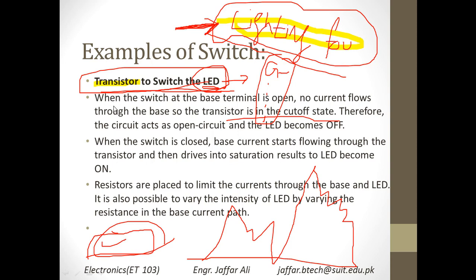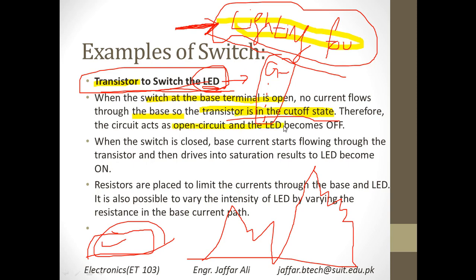So if you make the base switch terminals open, there will be no current through the base, so the transistor will be in the cutoff mode. It means that it will be switched off.